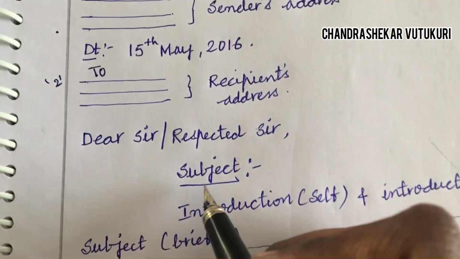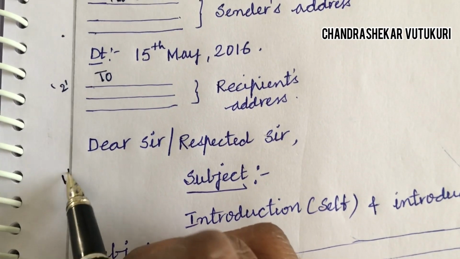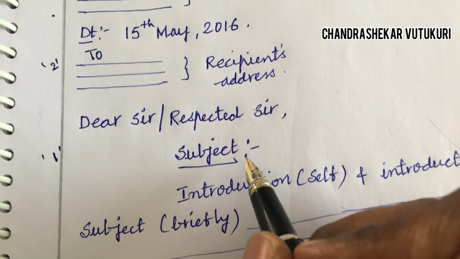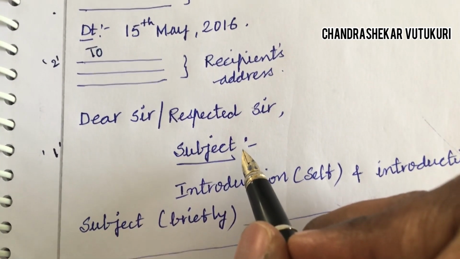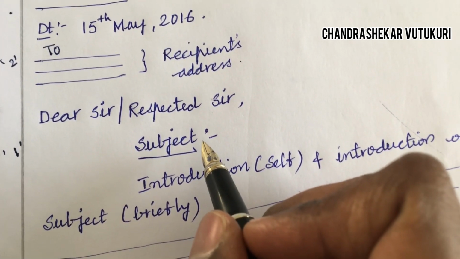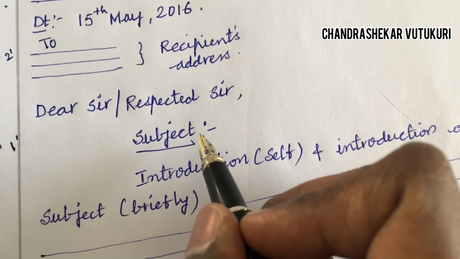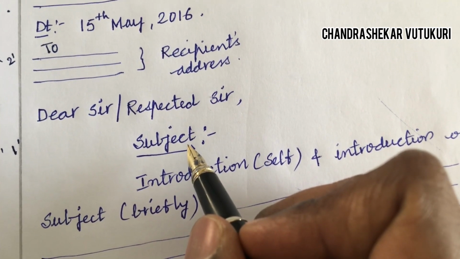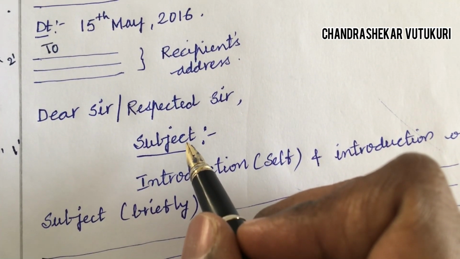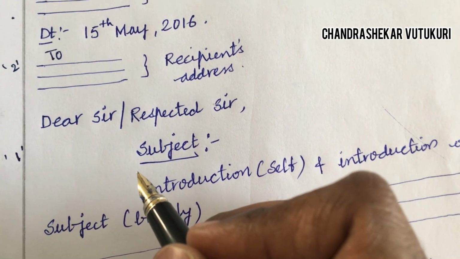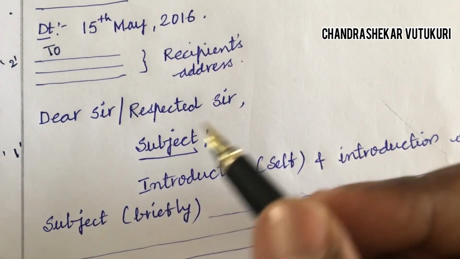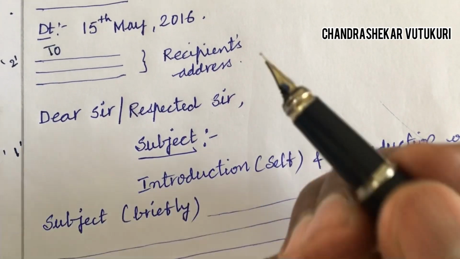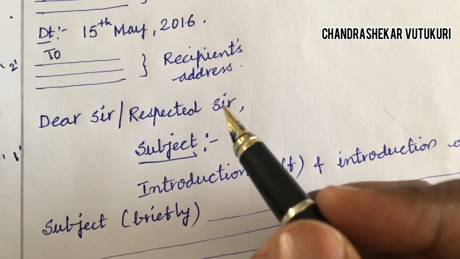Later you need to mention the subject. Even for the subject you are going to get 1 mark. What is the subject here? They may ask you to write that the roads in your area are not in good condition, or that there is electricity shortage in your area, to the commissioner of the electricity board, or to the editor to incorporate changes regarding garbage or municipality wastage, or the usage of loudspeakers at night by the locality of your area.